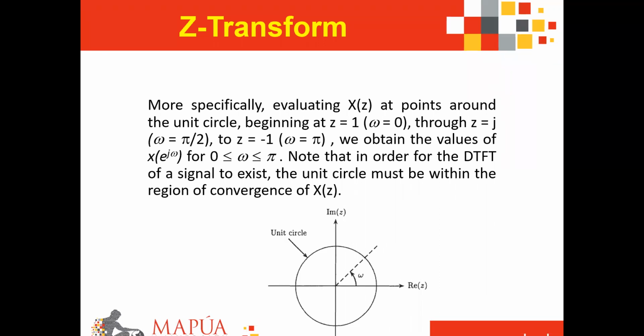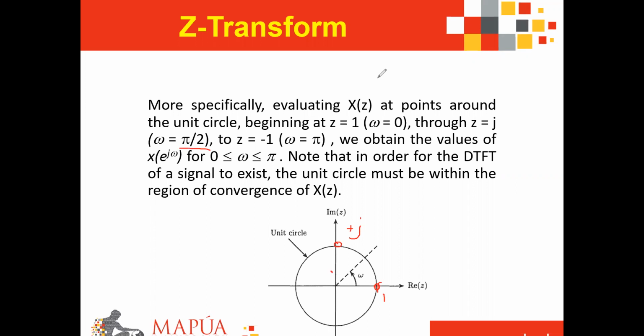Nakuha ba? So, if you look at the process, ito yung z value ko sa table ko, and ito yung value ng 1. Anong angle dyan? 0. Kapag yung z ko positive j, ano yung angle ko? 90 or pi over 2.